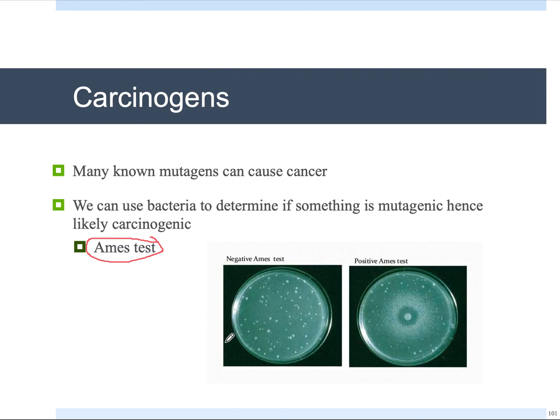So let's take histidine again. Let's say we pick bacteria that need histidine to grow, and you have a medium that has histidine in it, so they're able to grow here.